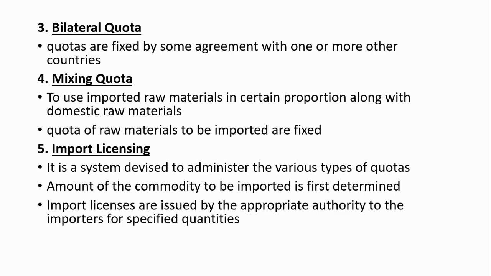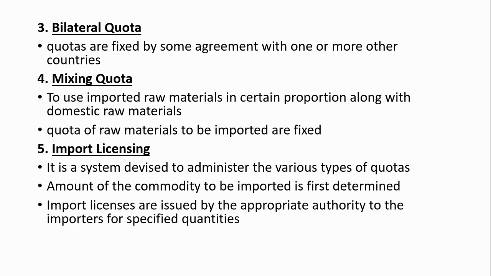Then this system has some demerits. First one is rigid. Rigid means those who are having the licenses are supposed to import those commodities for which they are having licenses. In such a way, the system is rigid. Then some governments auction import licenses. In some governments, it can be transferred. There is a provision.